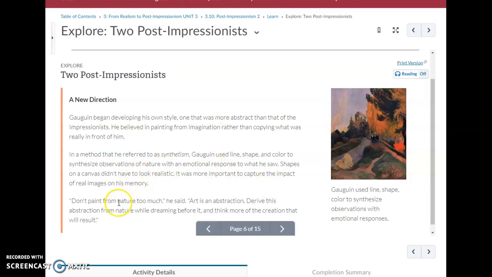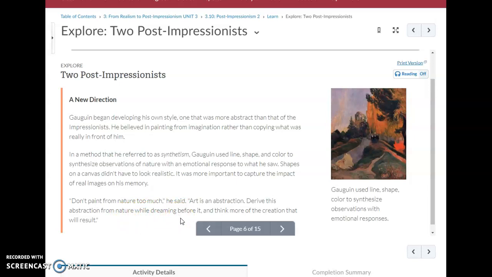So he said, don't paint from nature too much. "Art is an abstraction. Derive this abstraction from nature," meaning get inspired by nature, and then derive this from nature while dreaming before it.